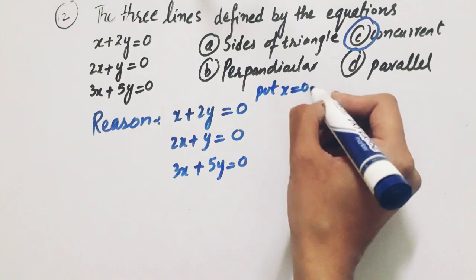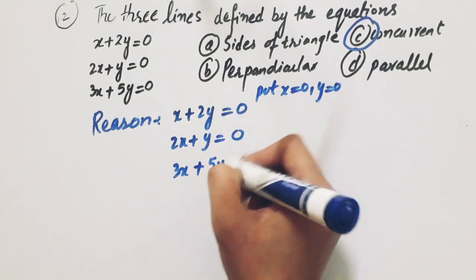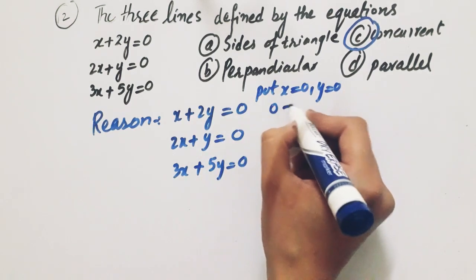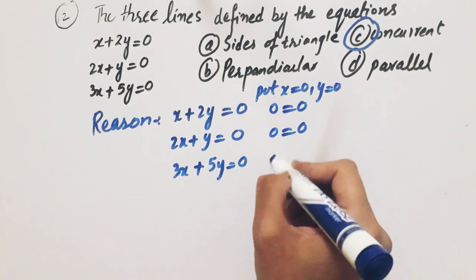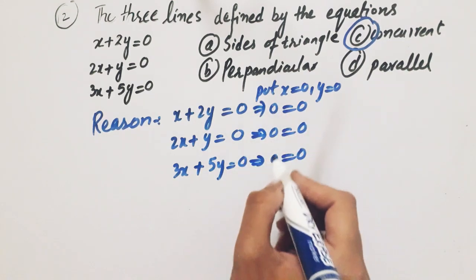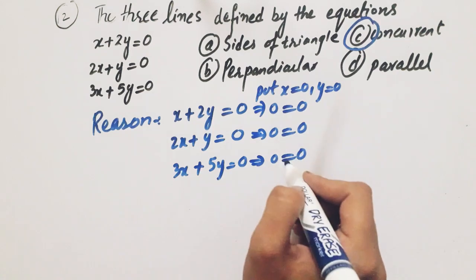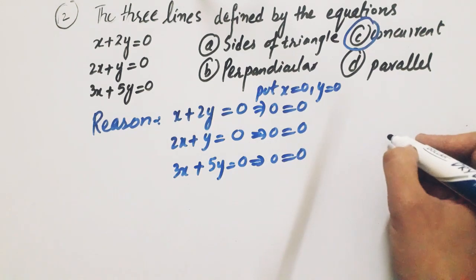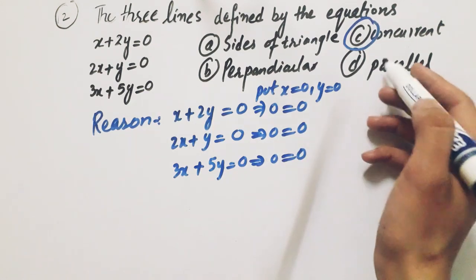When you put x is equal to 0 and y is equal to 0 in these equations, you will get 0, 0 and 0. So this implies that all the three lines pass through the origin.